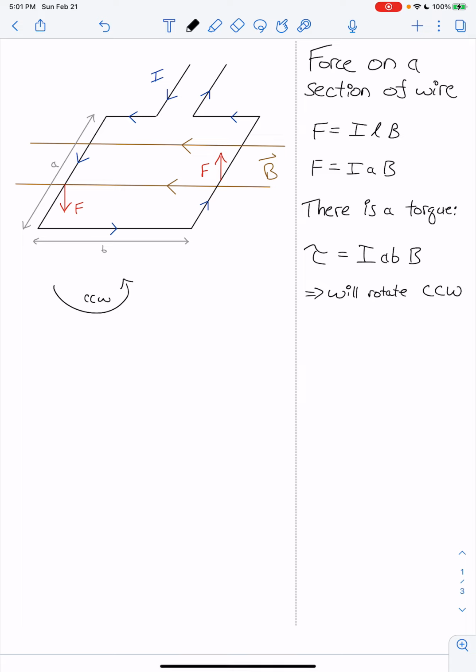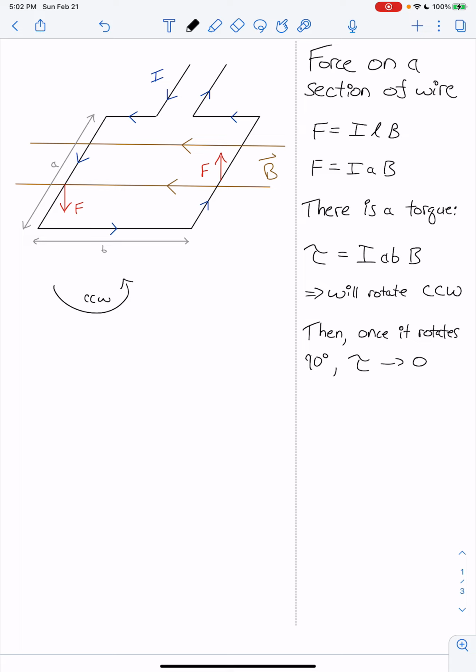Now, what's going to happen next in this motion? Once it rotates 90 degrees, that torque is going to become 0, because at that point we have an alignment of the current and the magnetic field.